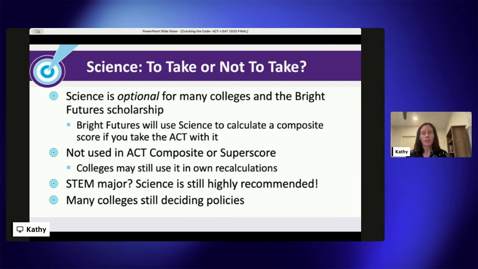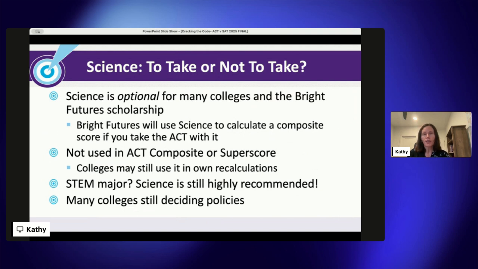Now, we work with many students in the state of Florida who are interested in achieving the Bright Futures Scholarship. I'll show you those stats momentarily. And the Bright Futures Scholarship, up until really through the summer, was requiring students to continue taking science.